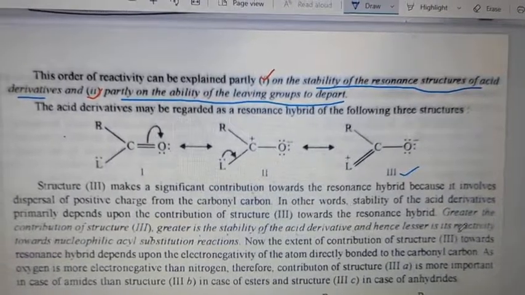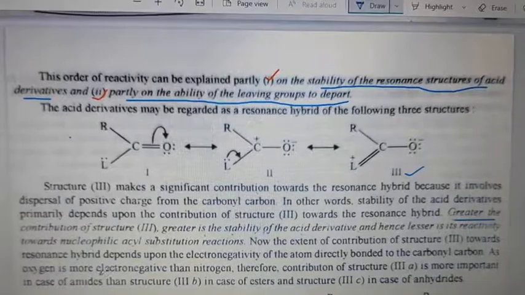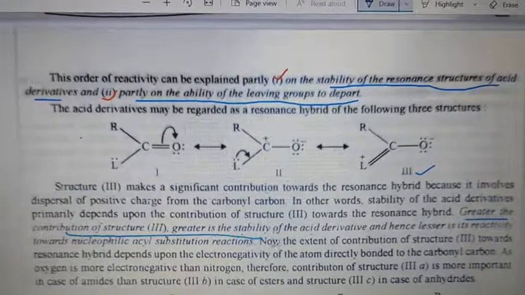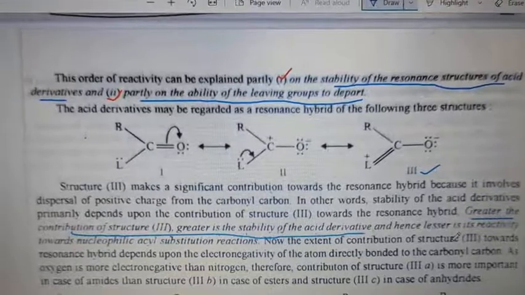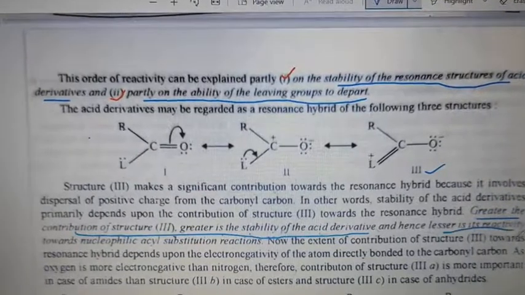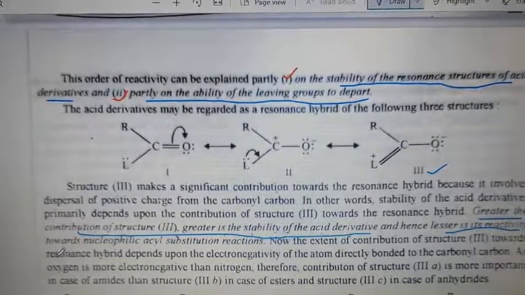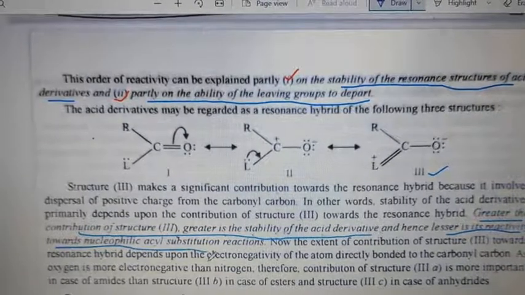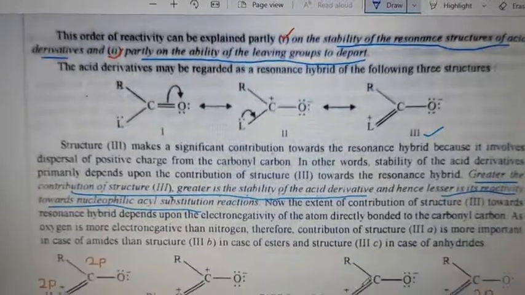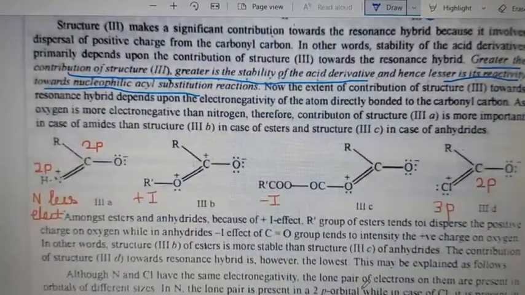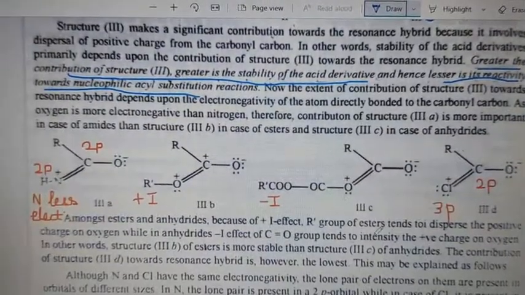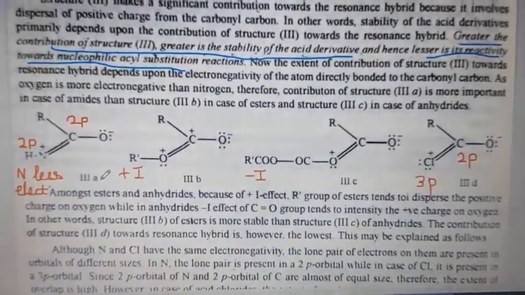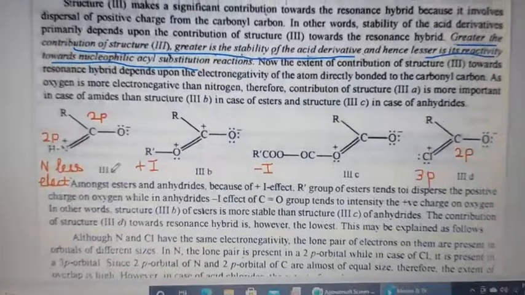So the greater the contribution of structure 3, the greater is the stability of the acid derivative. If stability is greater, then reactivity will be less towards the nucleophilic acyl substitution reaction. Now we compare the stability of structure 3 in each case.